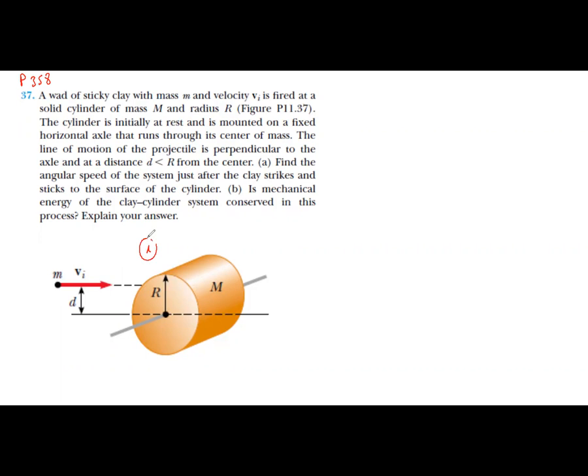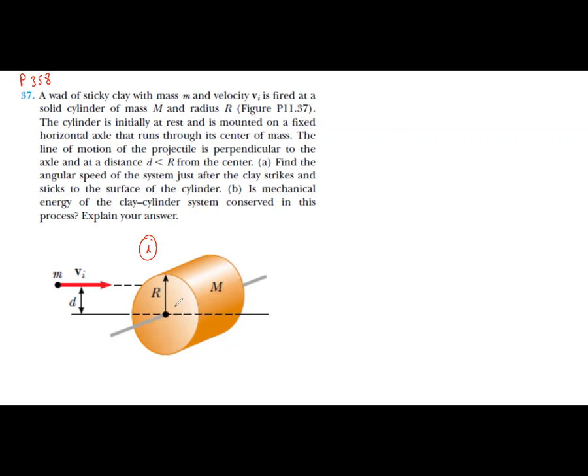So, as the initial state, we have only the mass m in motion, and the cylinder is at rest and mounted on a fixed horizontal axle that runs through its center of mass.